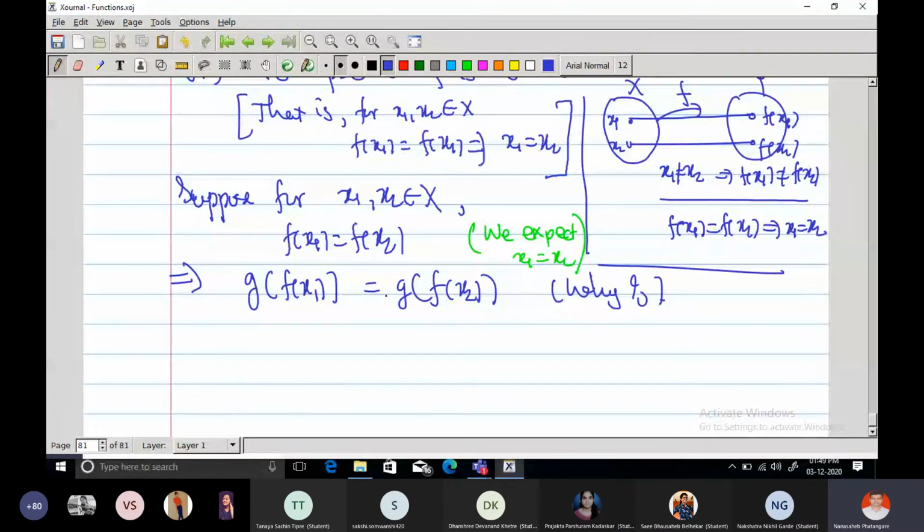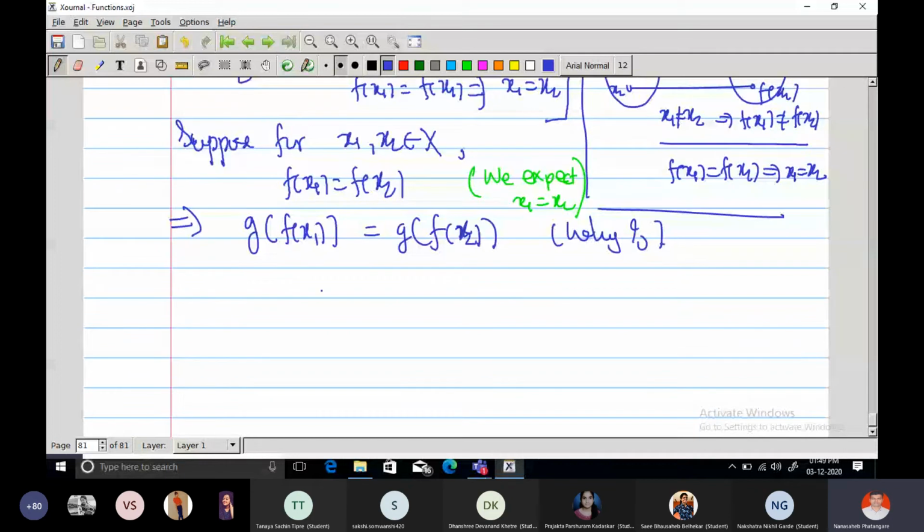Because f of x1 and f of x2 are the same elements from the domain of g, and if I apply g, the result is the same. That means g of f of x1 is the same as g of f of x2, which is the same as g composite f of x2.